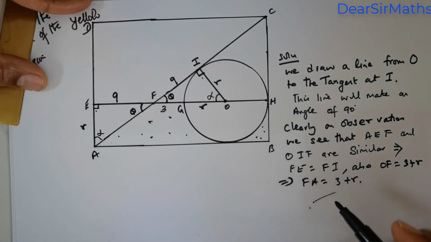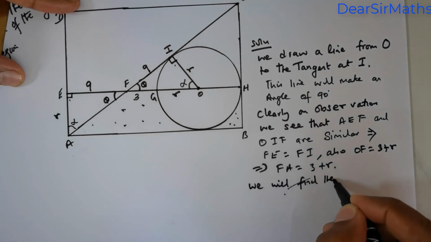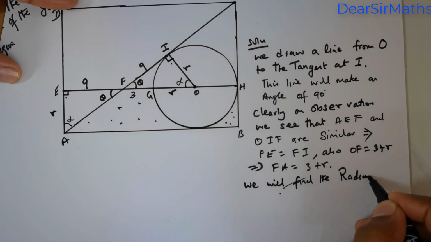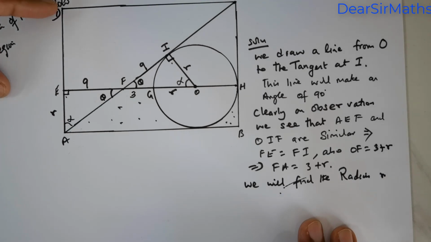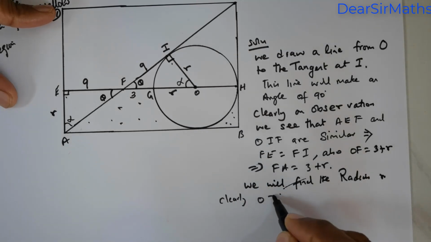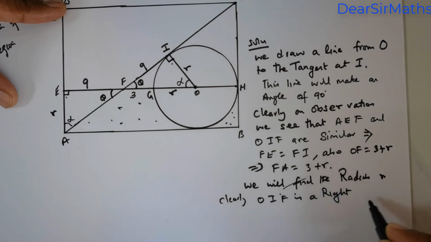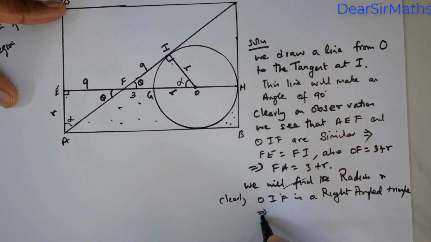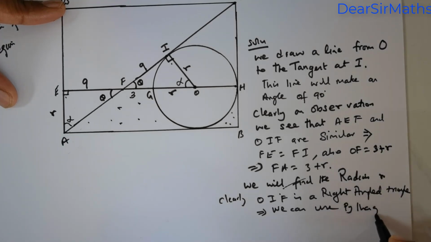Now let me get the value of R. This is the next step. We will find the radius. After all, R is nothing but the radius. So how are we going to get the radius? Clearly, OIF is a right angle triangle, so this would mean we can use Pythagoras theorem.